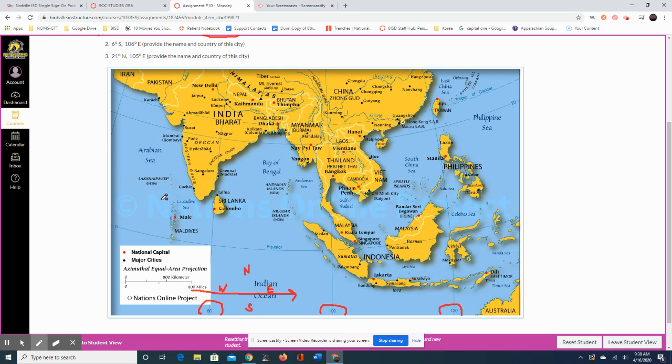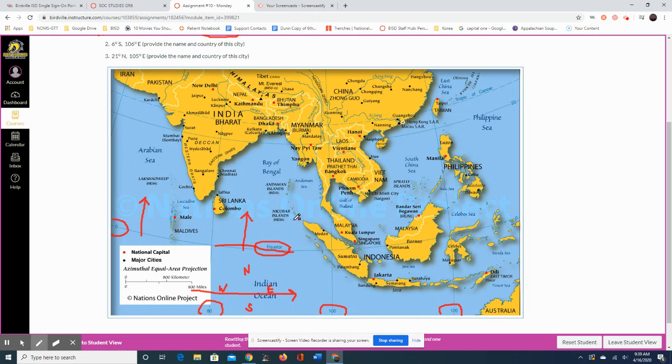North of what? Well, Mr. Dunn, I know that's north of the equator. The equator here is 0. If I'm going to go north, I need to go this way. So my first number is 4 degrees north of the equator.